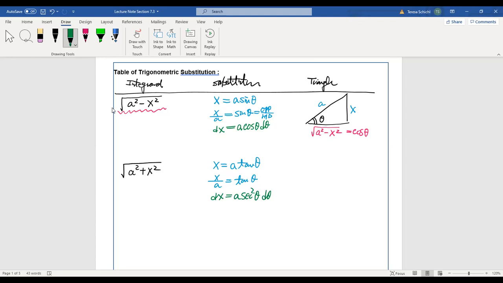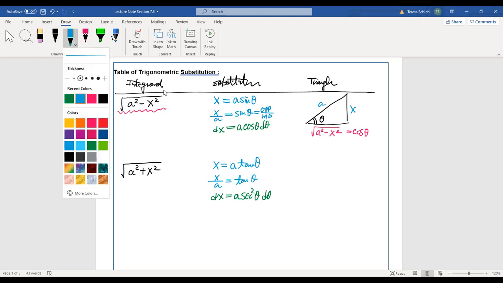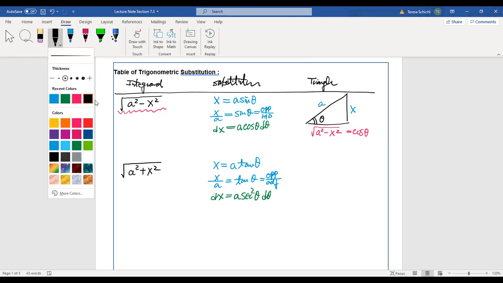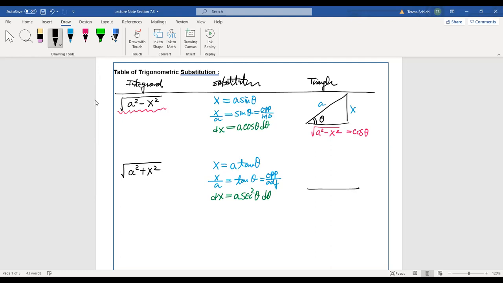All right, so now let's take a look at what this one is going to end up to be, right? So tangent is equal to the opposite over adjacent, right? Okay, so now let's take a look at the triangle here. All right, so here this is my triangle and this is the theta. So tangent is opposite over adjacent.